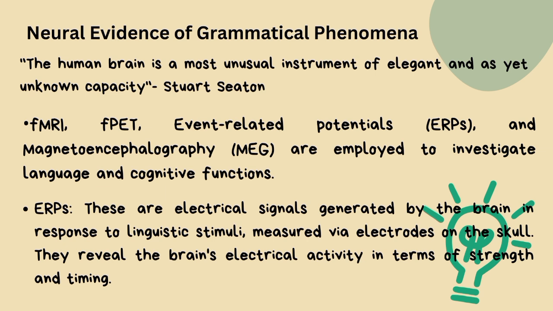This helps them understand how the brain reacts to language or cognitive tasks like recognizing words or making decisions. For example, when you hear a familiar word, your brain generates an electrical signal that can be measured. Basically, the ERP shows how quickly and strongly the brain reacts to this stimulus.